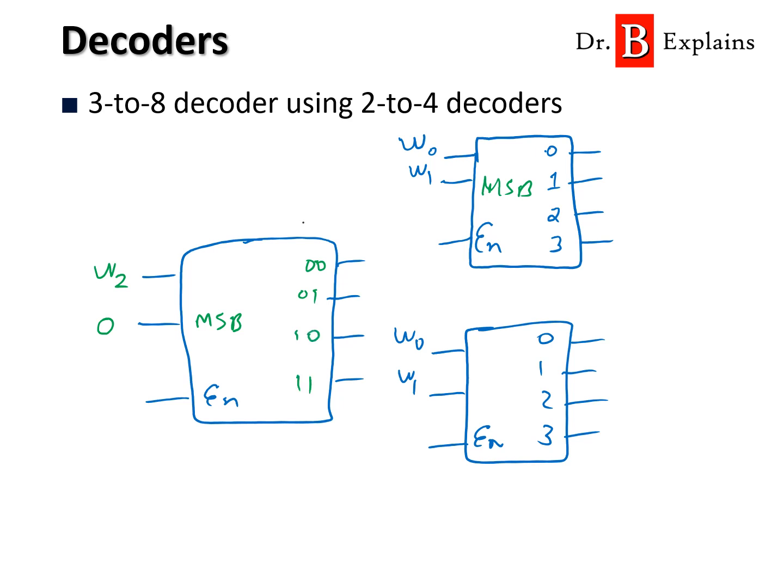We only have a 0 and a 1 for W2. So that means that we're going to base it off of this, right? So if W2 is 0, that would be this one. That would make this one turn on, the top of the table. And then if W2 is a 1, then that's going to turn on this bottom decoder.